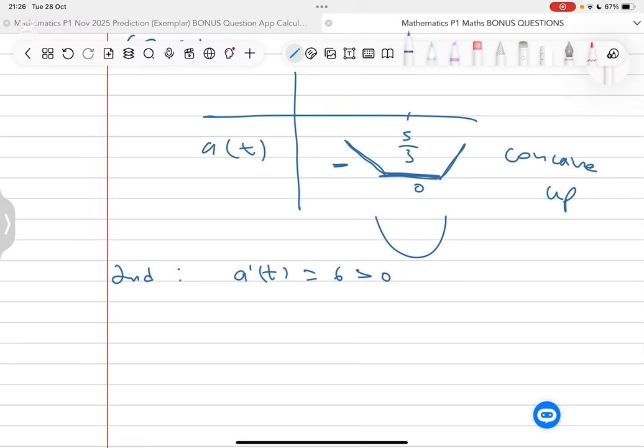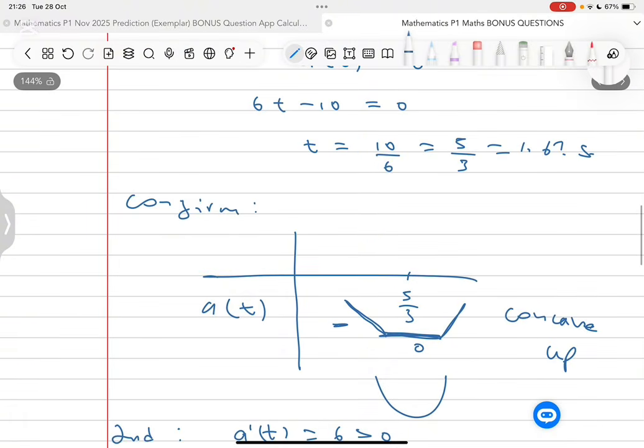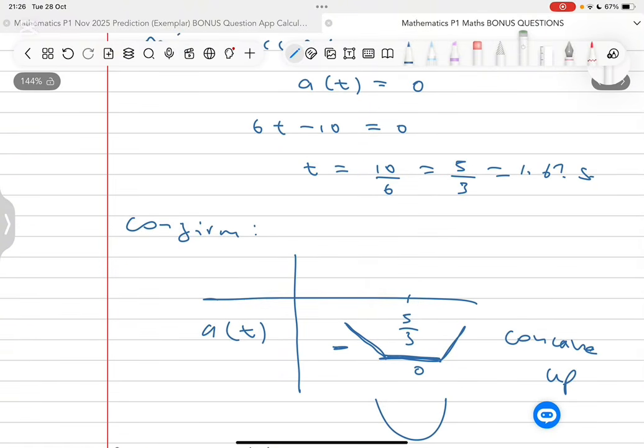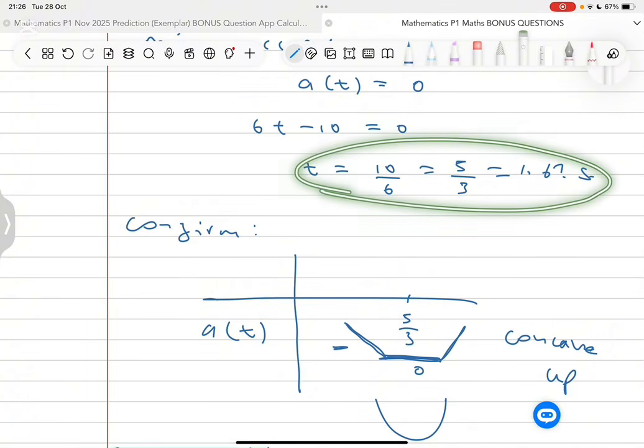Now that we have confirmed that we have a minimum, we can go and calculate the value of the velocity. We know that this time occurs when the graph has a minimum velocity, so I can use this time now to find the velocity.